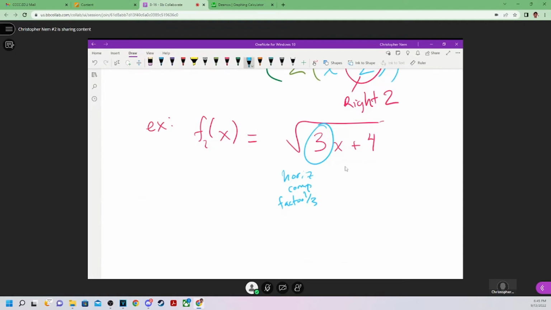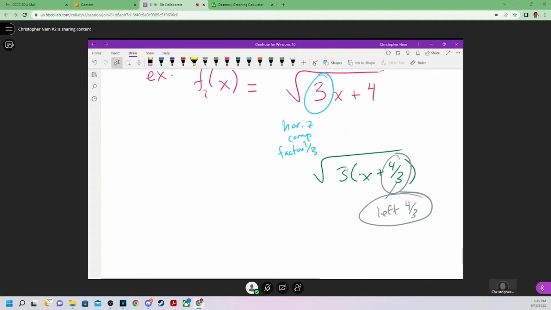However, now because we have to actually factor it out, this actually becomes 3 times (x plus 4/3). So we're actually moving to the left 4/3 units. So be very, very careful with that.